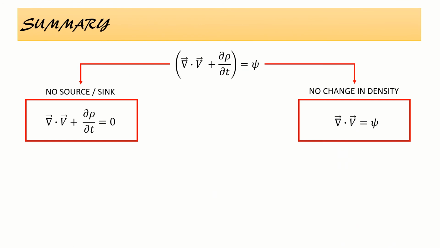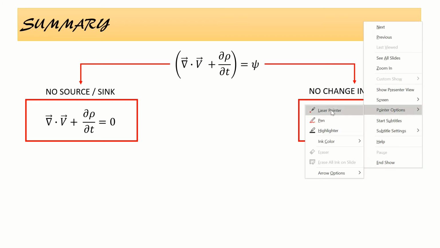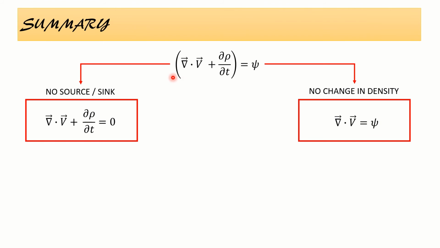So I want to try to summarize what we have discussed in the case where the divergence of the vector field is non-zero. There are two situations in which you can simplify this expression. When the divergence of the field is non-zero, you have two terms over here. This is the partial derivative of the charge or whatever density, and then here you have a psi, which is the difference in the density between the source and the sink.